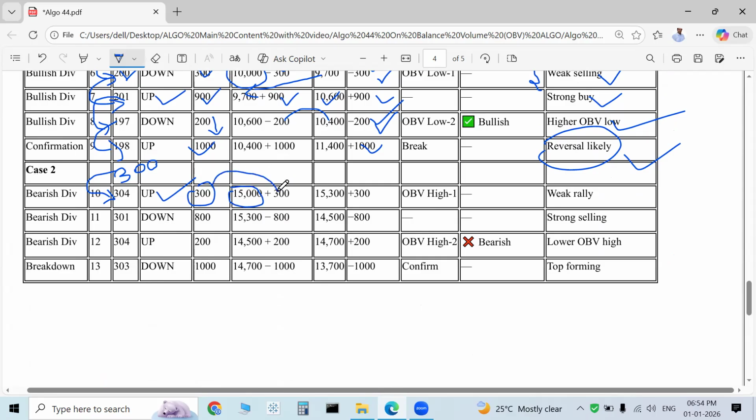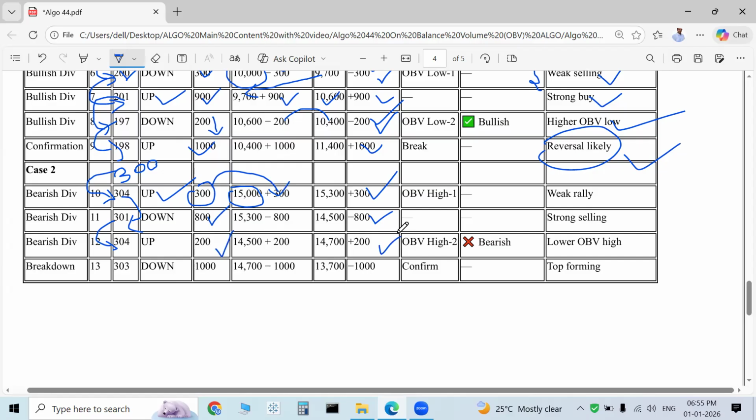We are going to add this, so 15,000 plus 300, positive 300. Now the price falls and you can see the volume increases. Price falls, volume increases. We are going to subtract it. The slope becomes negative.